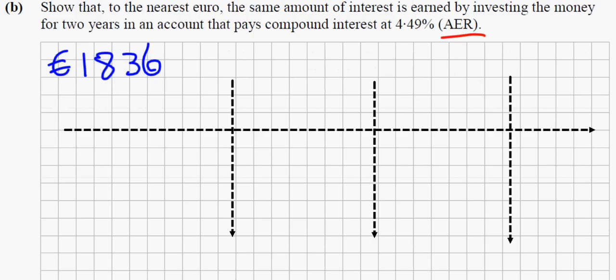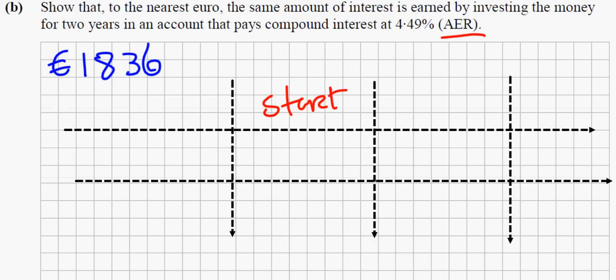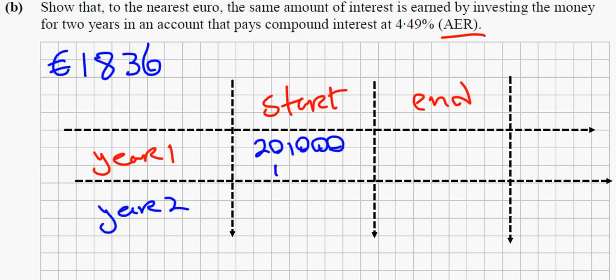Okay, so we're going to draw our table again. We have year 1 and year 2, start and end. Now we have 20,000 at the start of year 1. This is 100%. We're going to add on 4.49% onto it. So we're going to divide by 100.